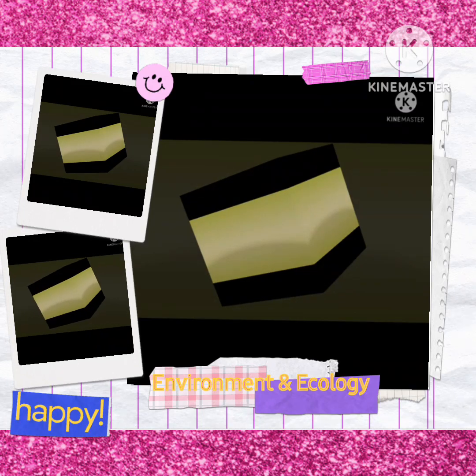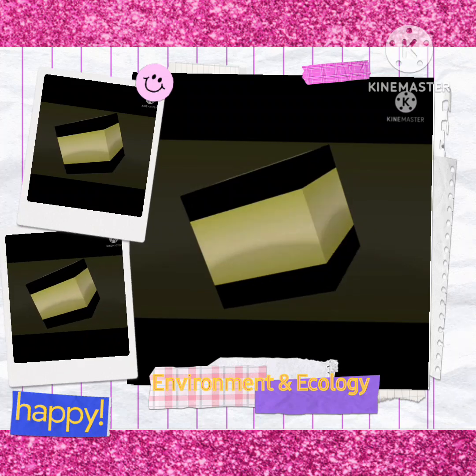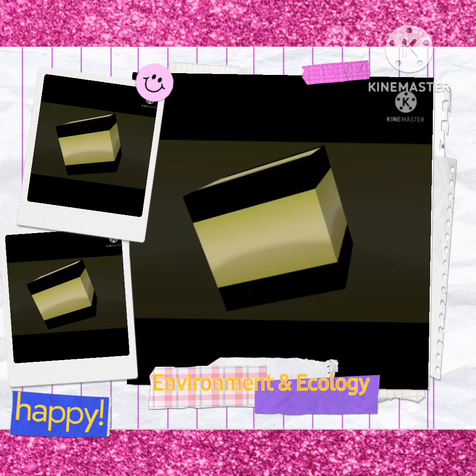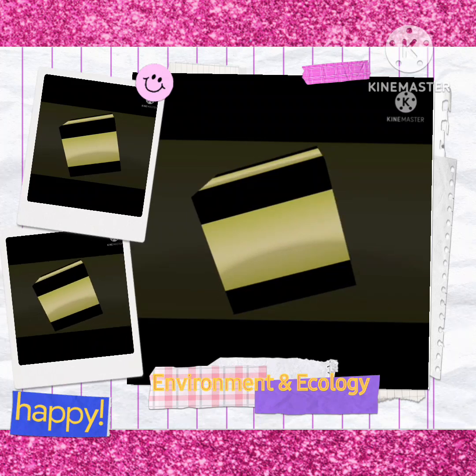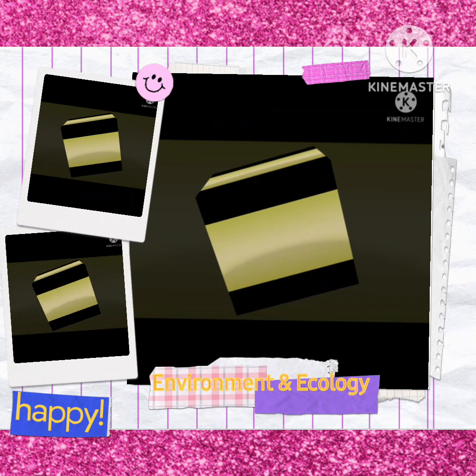Then subtropical pine forest, found on dry slopes of Shivalik hills, western and central Himalayas, then Khasi, Naga, and Manipuri hills. Subtropical pine forest: chir, oak, pine, sal, amla in lower regions. Then subtropical dry evergreen forest, hot and dry season and cold winter. Evergreen trees are found in Shivalik hills and foothills of Himalayas up to a height of 1,000 meters.